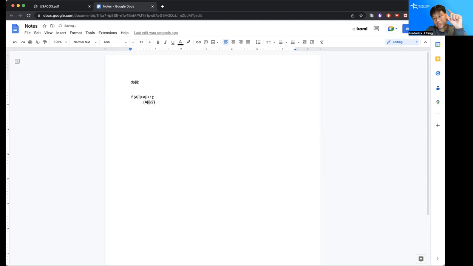Because there's A I over 2 possible up and down pairs, choose A I plus 1 over 2. Okay, this is how many paths there are for the current one.